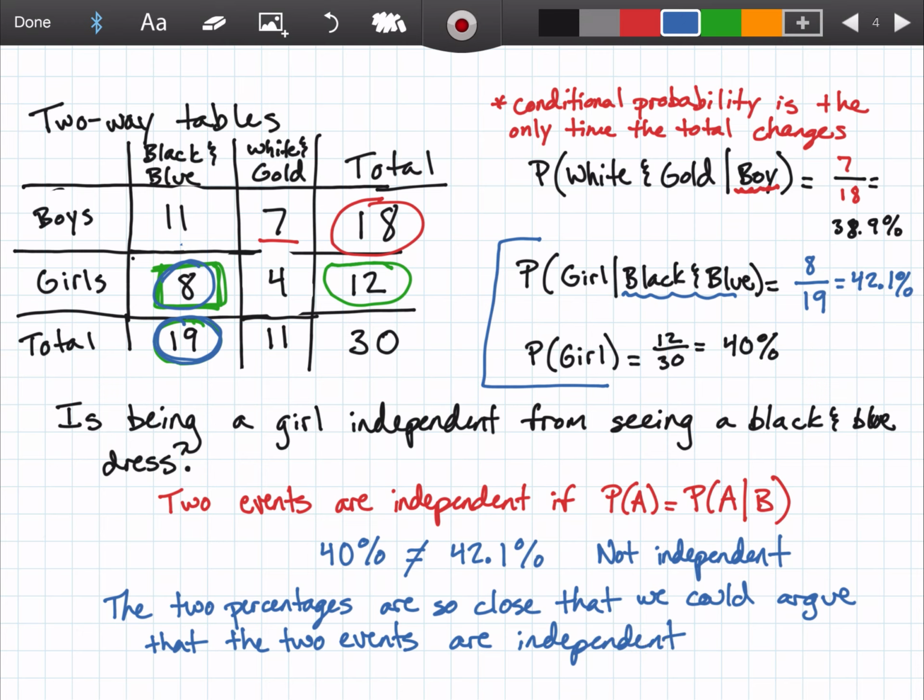And so you might be going right now, well, Miss Lambert, which one is right? Well, here's the thing. As long as you're justifying your answer, then I would count either of these options correct.